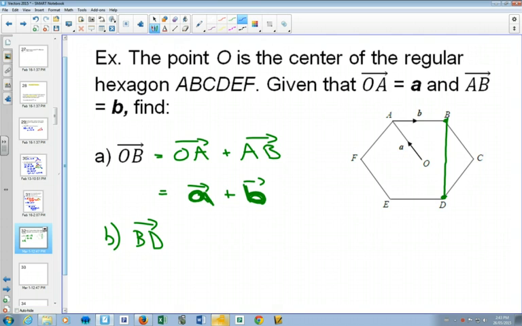Minus OA, yes. From here to here. Well, minus O, that would just get you from O to D. How would you get from B to D? So we want to start here. This is our starting point. And you're allowed to travel in those two directions.